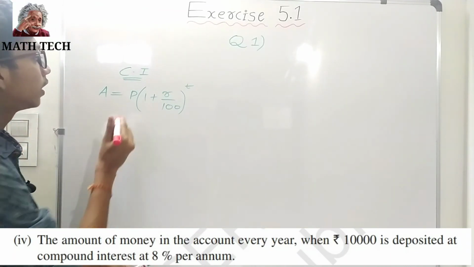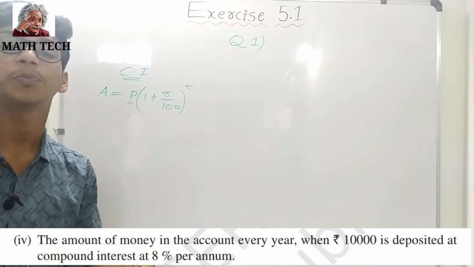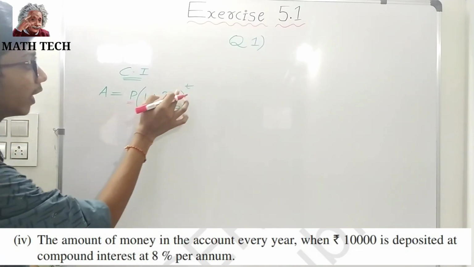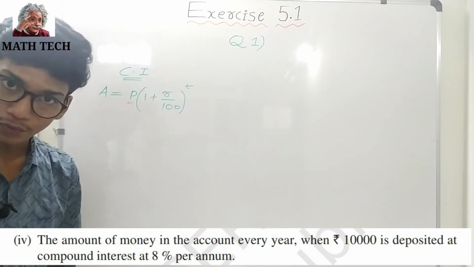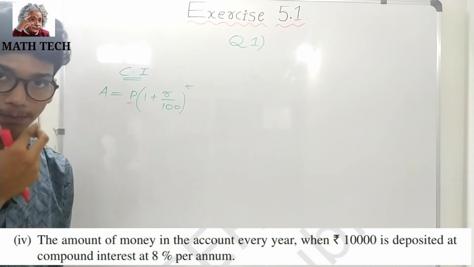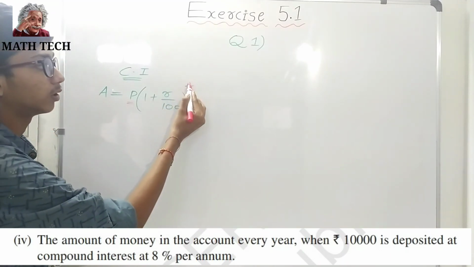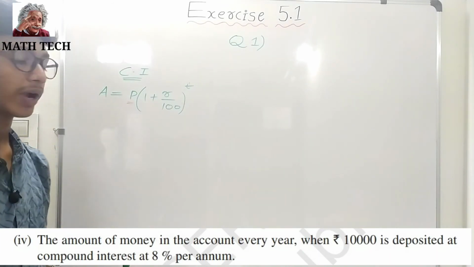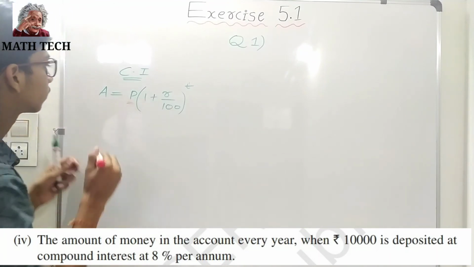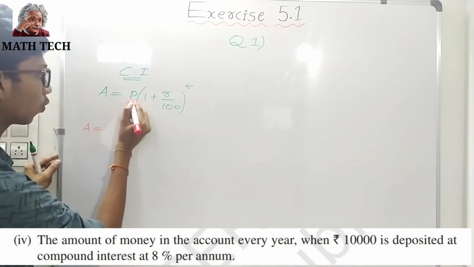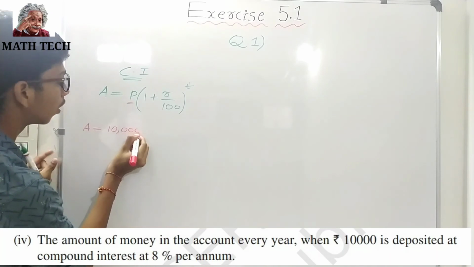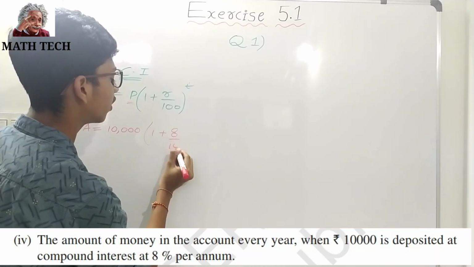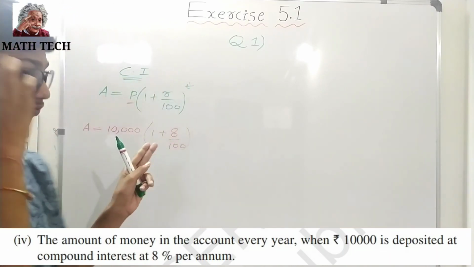Here it is given that principal is 10,000. He has deposited rupees 10,000 at the rate of 8%, and we should find the amount for every year. The t for the first year is 1, the t for the second year is 2, so we should find up to 3 years. So A is equal to 10,000 into 1 plus 8 by 100 whole power 1, for the first year.